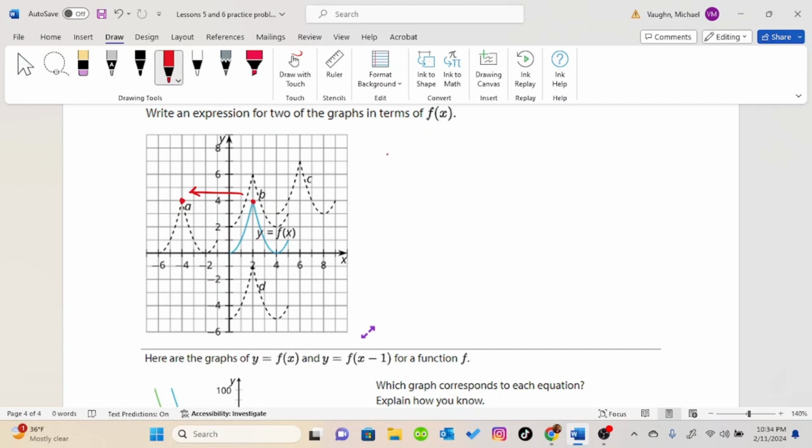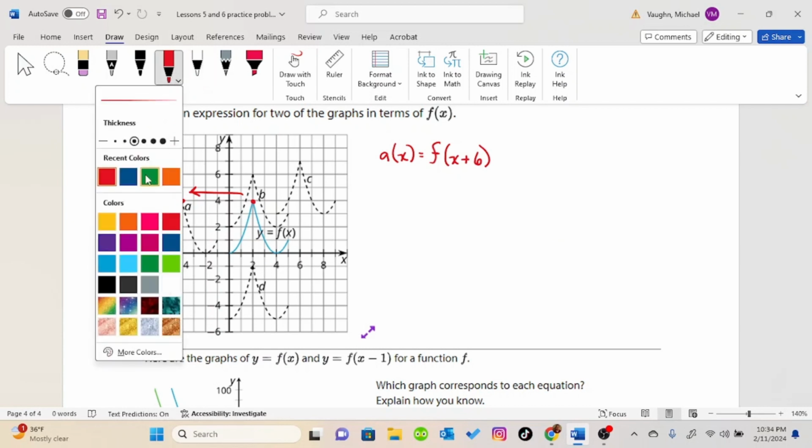So when I write that, A of x equals f of x plus 6 because I shifted left 6 spots.